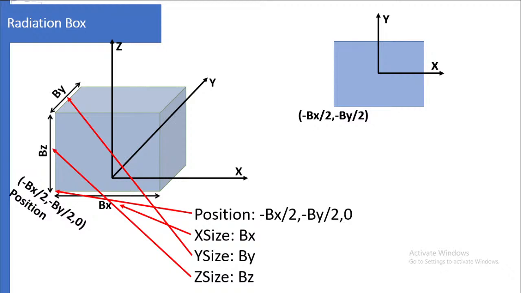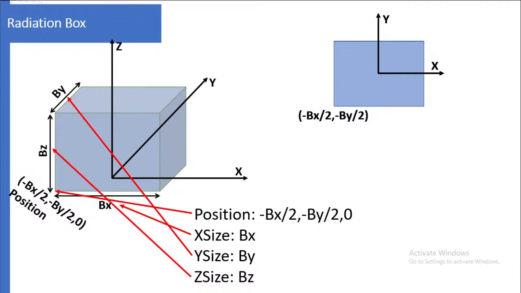Look at the XY plane, at the lower left corner. The lower left corner on the XY plane is minus Bx by 2, minus By by 2, because along X the length of the box is Bx and along Y the length of the box is By. So the lowest left corner is the reference point that we take.